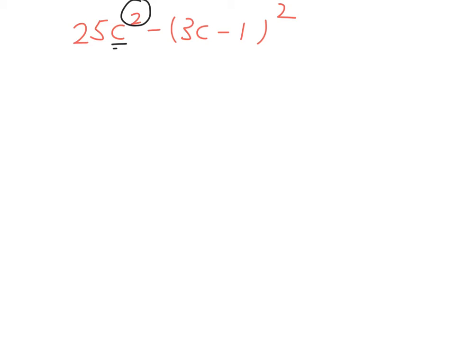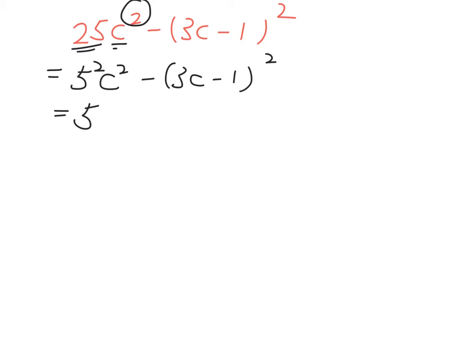So we need to convert 25 to some square. You should know 25 can become 5 squared. And this one no change. Then the 5 squared times c squared can group together to become (5c) squared.